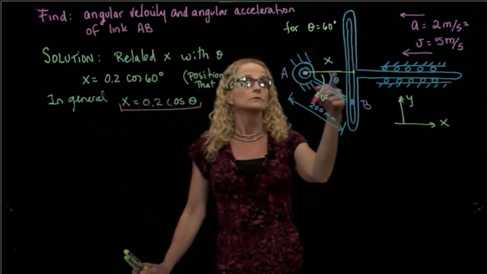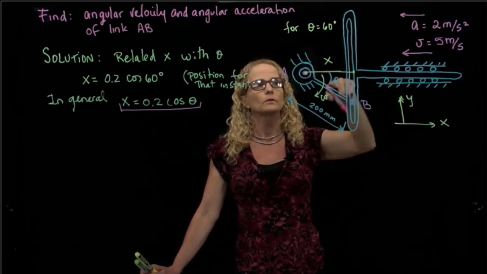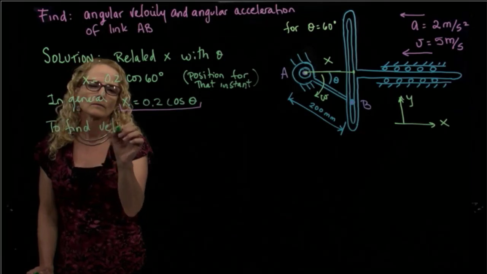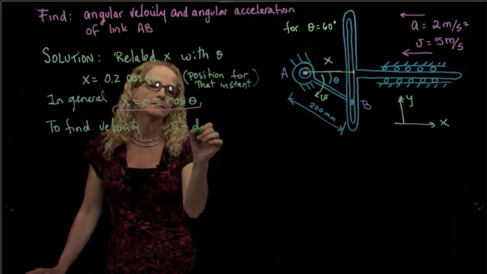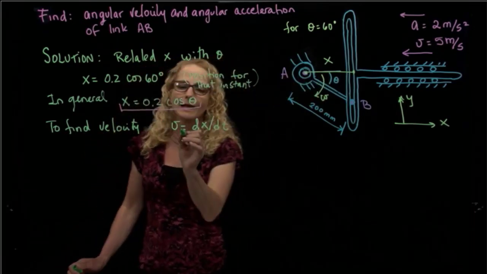That's the expression that I will derive to find the velocity, a linear velocity that relates to the velocity I'm given for that position. The velocity is the derivative of x with respect to time, which is the velocity in x.